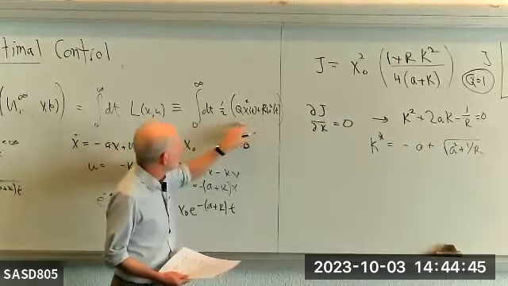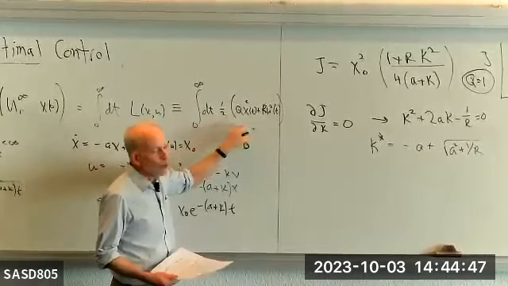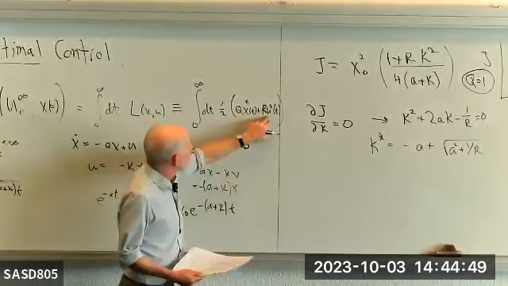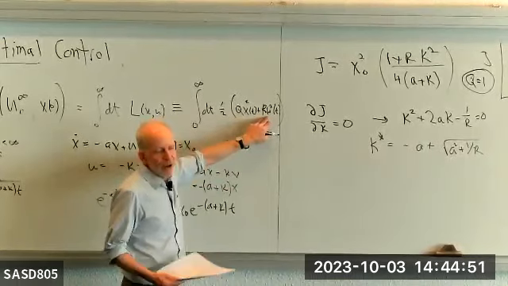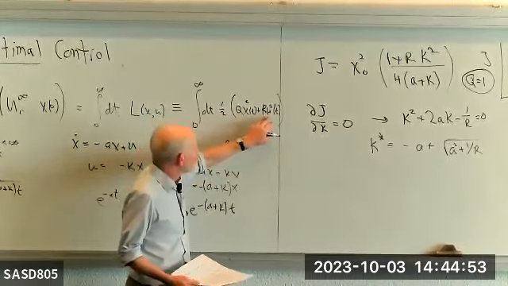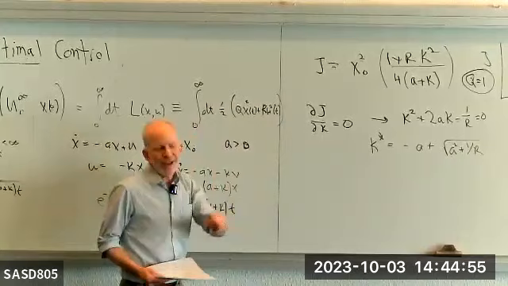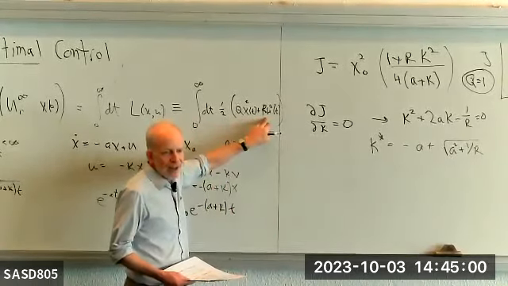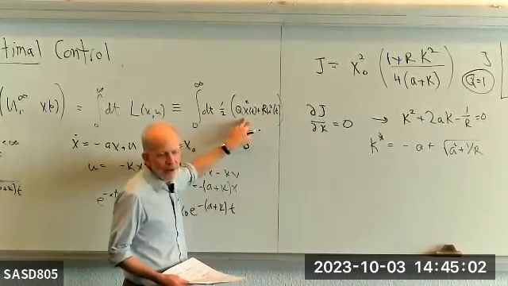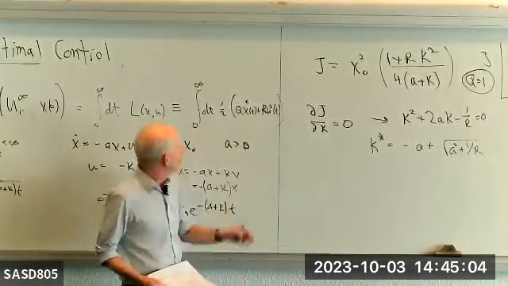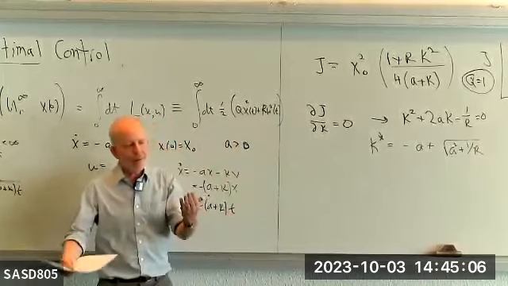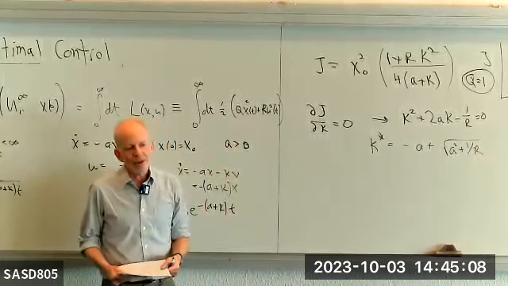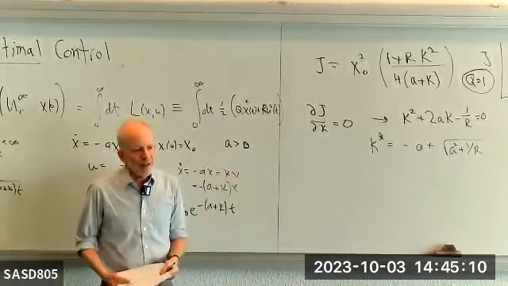So depending on how you weight these numbers, if R is going to infinity, then the control is so costly that you don't want to do anything. If R is going to 0, then all you care about is the results, and you don't care how costly it was to get there. But here, this allows us to balance those costs. Okay, thank you.